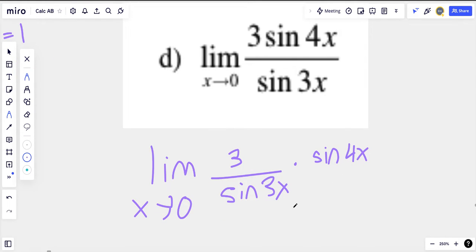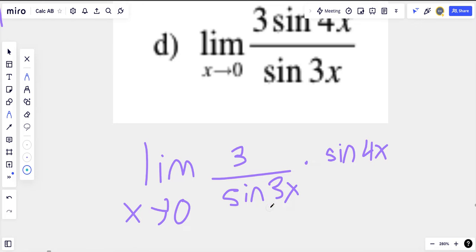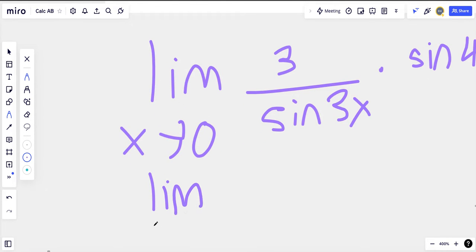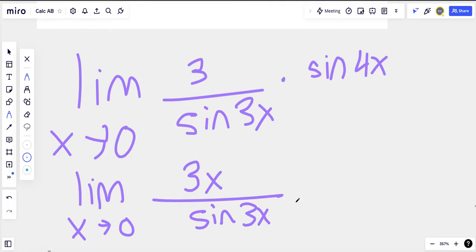So we have to break this down into two things. We want to make it so that we see the same term here as we see here. Because right now this is 3 and this is 3x, you have to make them the same. So you just do that by multiplying this by x, and then you get what you want, and then just rewrite this as it is.